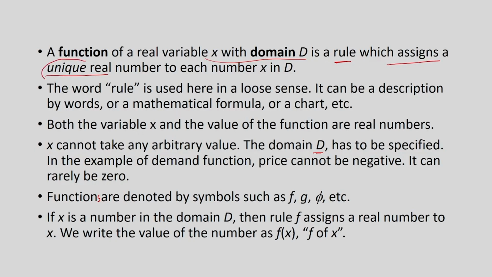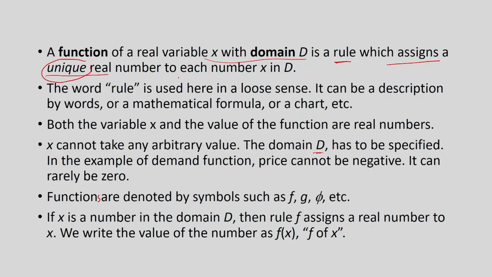I have used the italics here to emphasize the fact that f cannot give you two values, with respect to a particular value of x, or 2 or 3 values. It has to give a unique real value for any real value of x. And another thing to note in the definition is that for every element of D, this rule should give you some unique value.